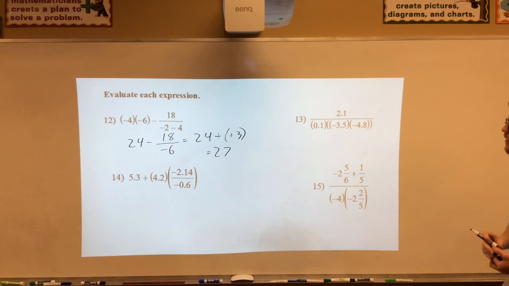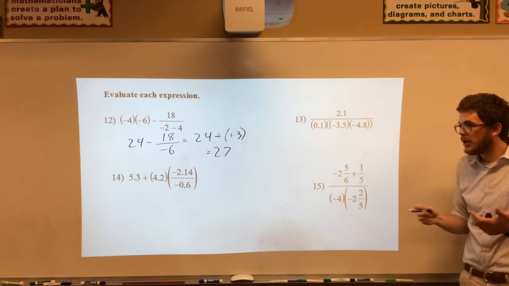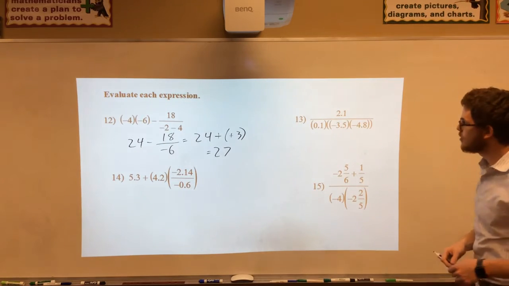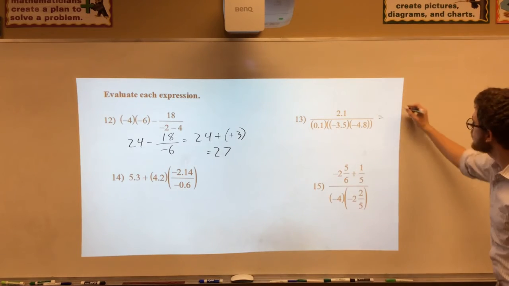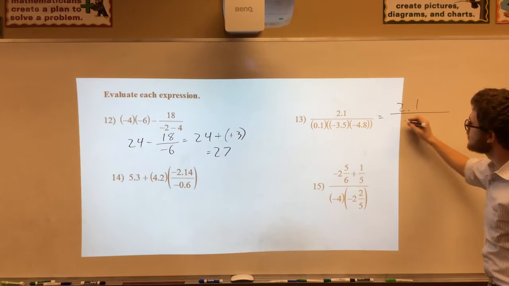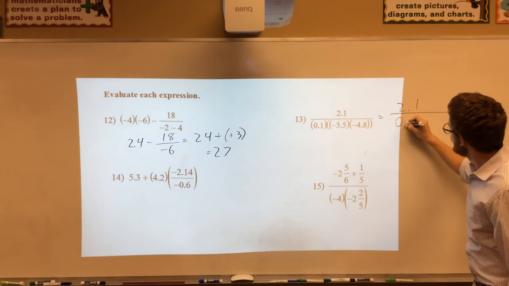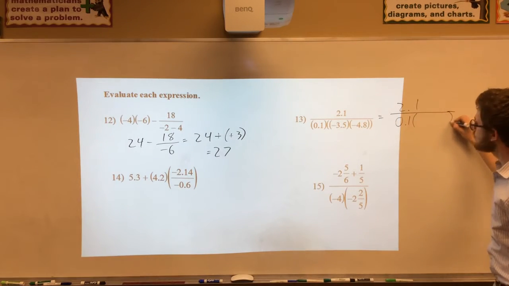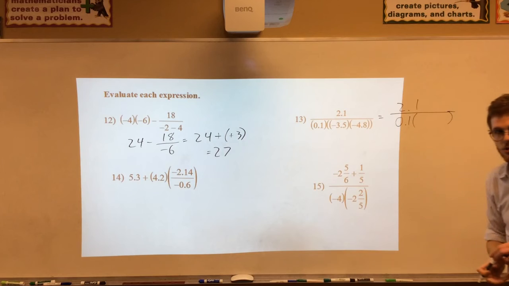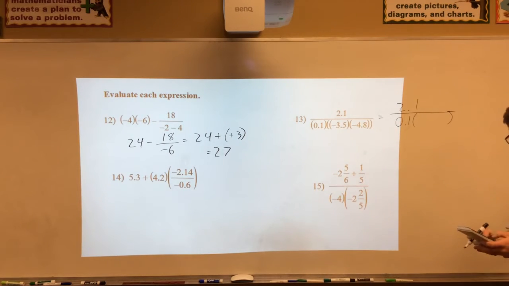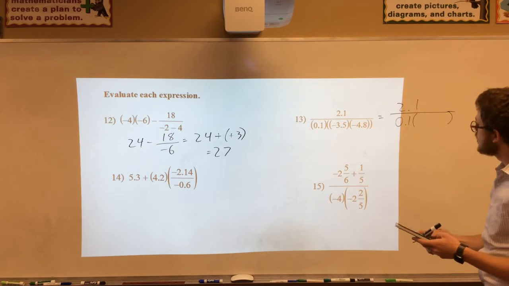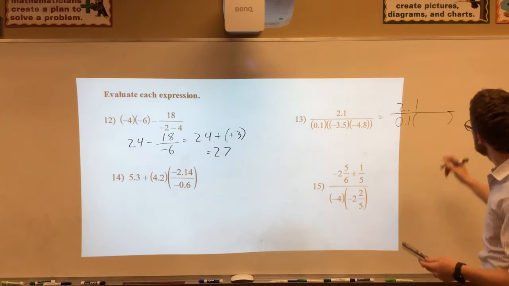On number 13, yes, we've got a bunch of decimals, but hey, we know how to do decimal operations. Work inside my grouping symbols first. This is 2.1 divided by 0.1 times whatever we get when we multiply these two negative numbers. We know it's going to be positive when we multiply 3.5 times 4.8.